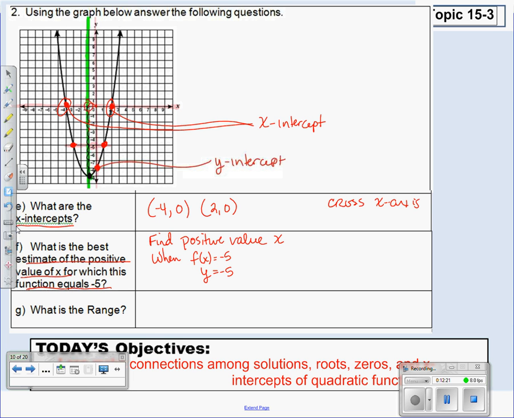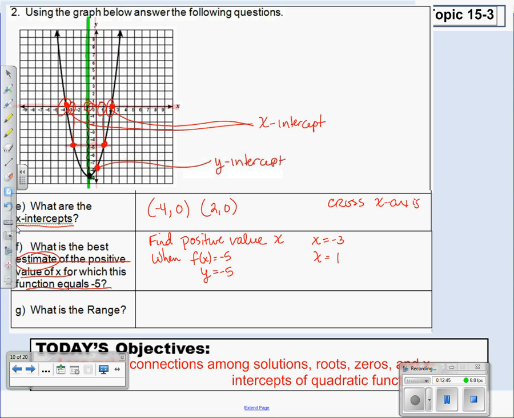If they aren't perfect points, the great thing is it's asking us to estimate. So to find the x value, I'll go on up and see what the x value is here. And there our x value is -3. So one of the x values is -3 when y is -5. Then I'll look at my second one going on up. The x value is +1 when y is equal to -5.